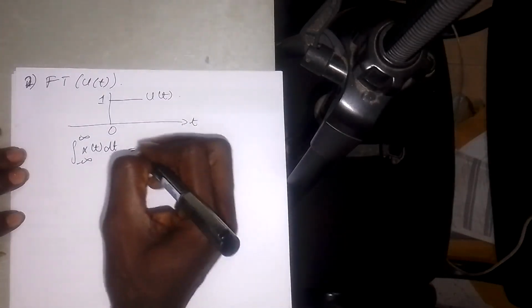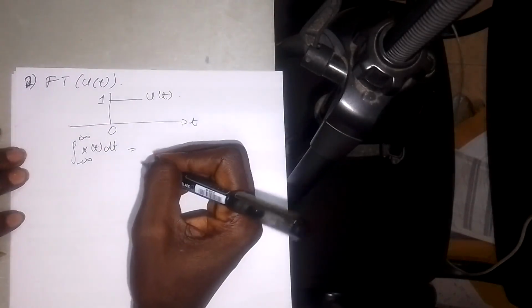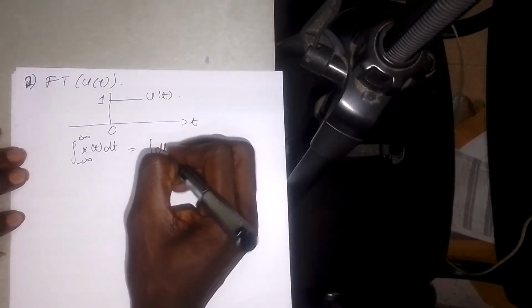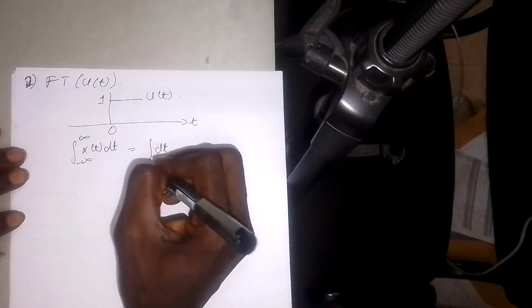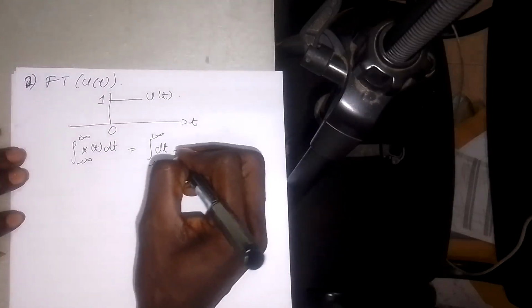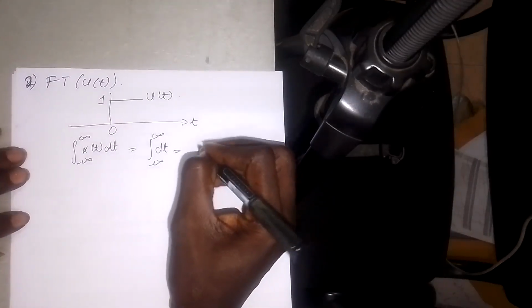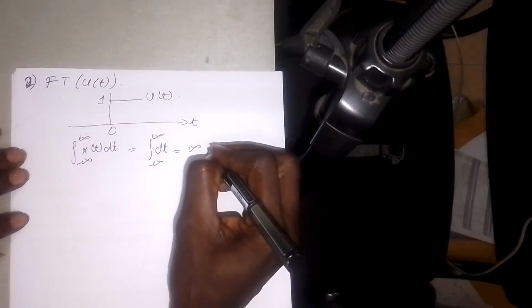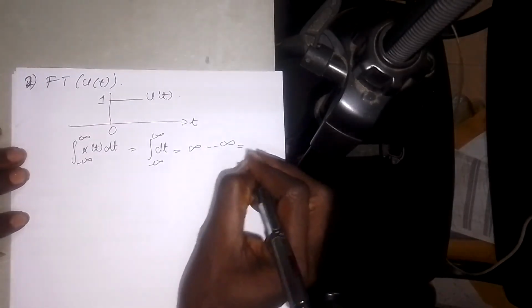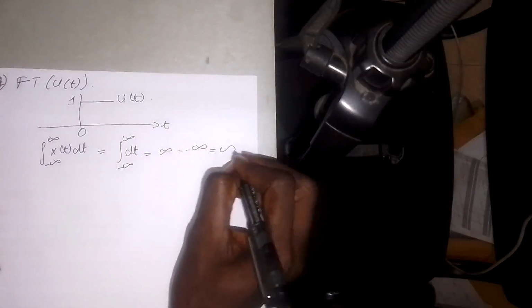But for a unit step, x of t is 1, so I'm going to have t from minus infinity to infinity, which is infinity minus minus infinity, which equals infinity.